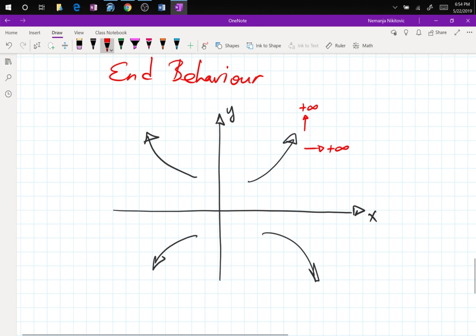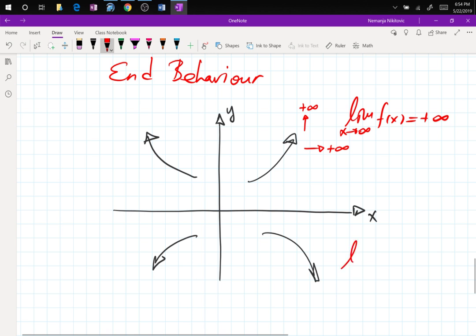The x component moves toward positive infinity in the first quadrant, and the y component goes to positive infinity as well. So for the first quadrant, the end behavior is described as the limit as x goes to positive infinity of f of x equals positive infinity. It doesn't give us a finite L, because that would be a horizontal asymptote. It gives us positive infinity. That's called the end behavior.